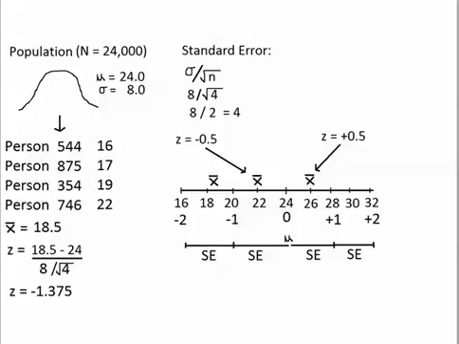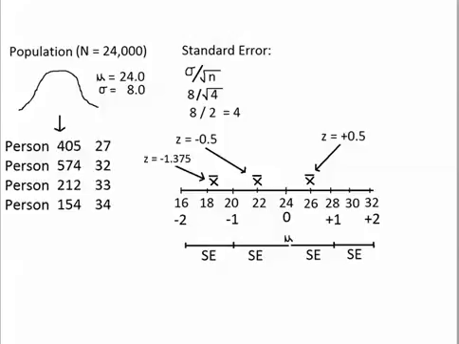Let's select just one more sample of 4 people. So I'm going to repeat my study a 4th time with a new sample. This sample has a mean of 31.5. If you added these 4 ages and divided the total by 4, the answer would be 31.5. 31.5 is about halfway between 28 and 32, so our sample mean of 31.5 should have a z-score close to 1.5.